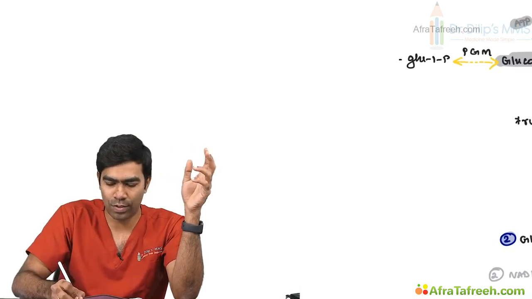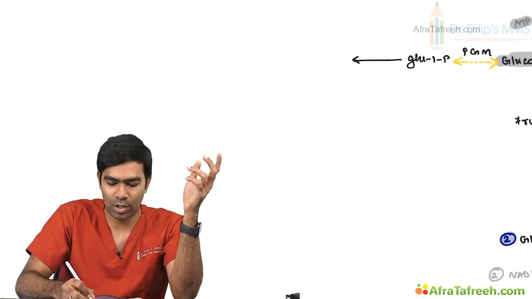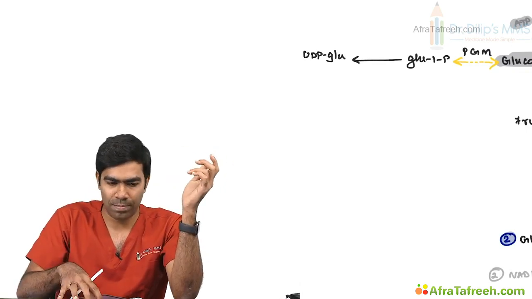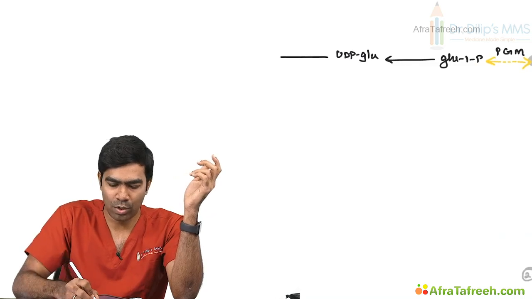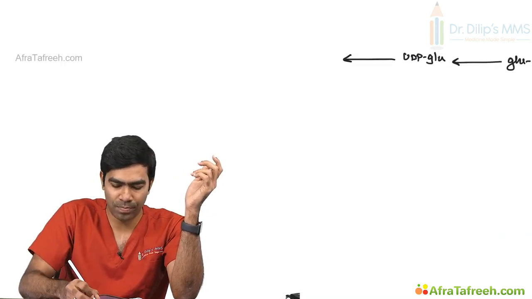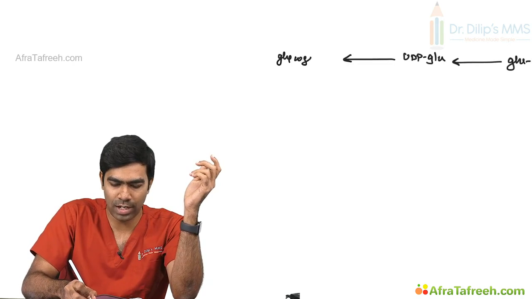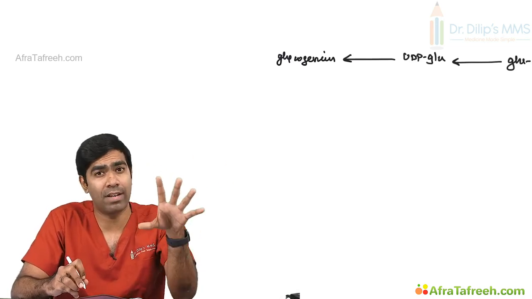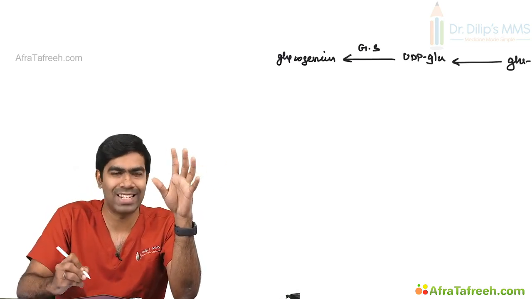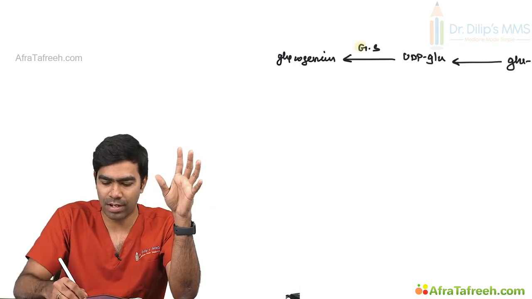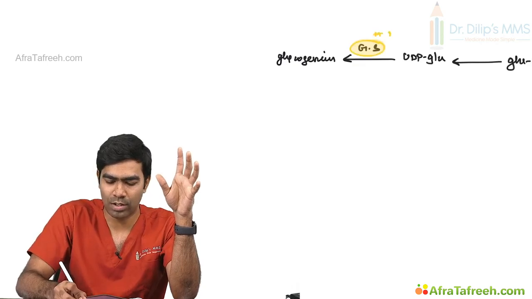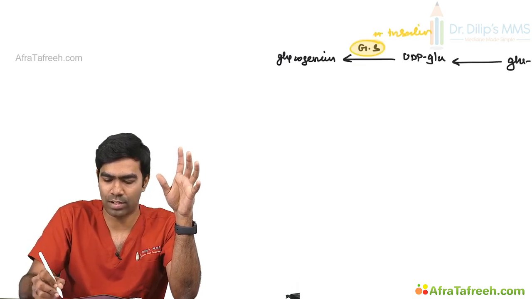And glucose 1-phosphate will be further converted to UDP glucose in an irreversible step, and UDP glucose will be further converted to glycogenin in another irreversible step, catalyzed by a very, very important enzyme called glycogen synthase. This enzyme is under the control of insulin and can be activated by insulin as well.